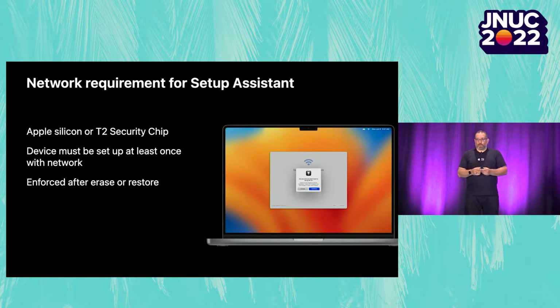To help ensure that organization-owned devices get the correct setup process, Macs that go through the setup experience for the first time will always require internet connectivity the next time around. The first time a Mac goes through the Setup Assistant experience, the device will know that it belongs to an organization. As long as the device remains registered in your ABM or ASM, the device will always require internet connectivity to go through Setup Assistant after that.